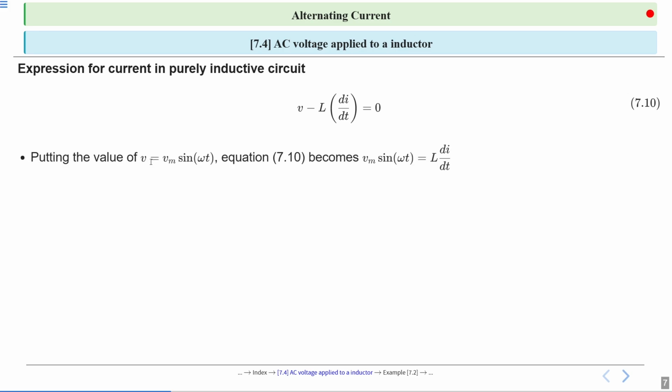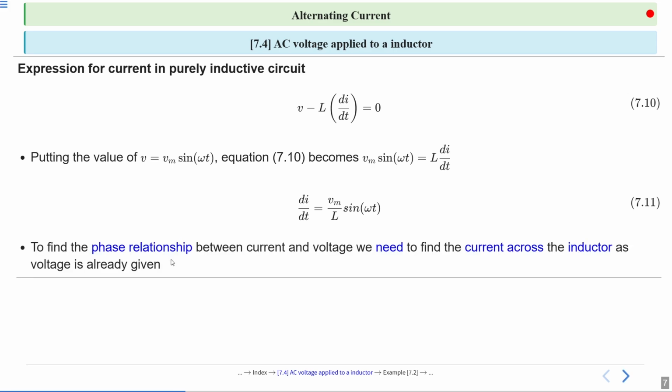Putting the value V equal to Vm sin omega t, equation 7.10 becomes Vm sin omega t equal to L di by dt. After rearranging, di by dt equals Vm upon L sin omega t. Mark this equation as 7.11.